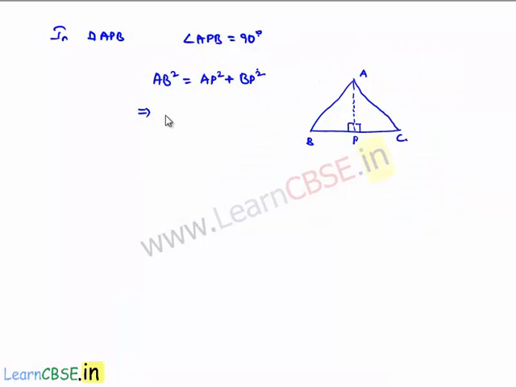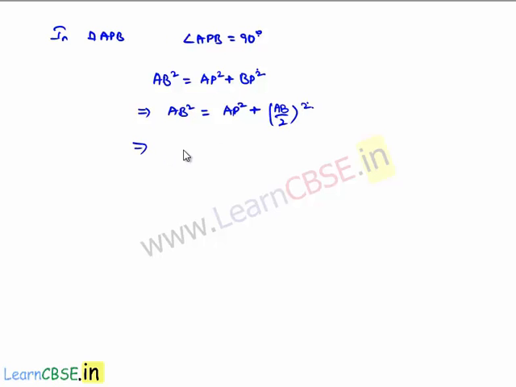That implies AB square, let it remain as it is, is equal to AP square plus BP, or PB, as AB by 2. So let us replace it, AB by 2 whole square. That implies AB square is equal to AP square plus AB by 2 whole square, which is nothing but AB square by 4.